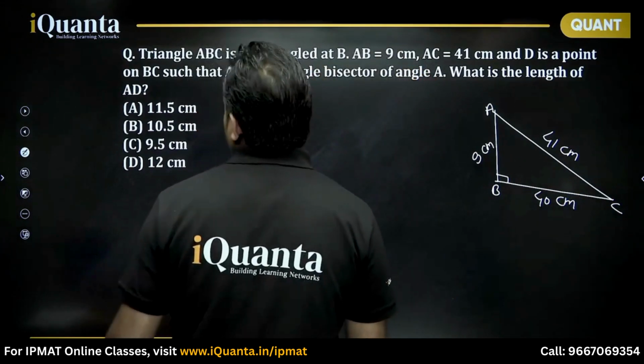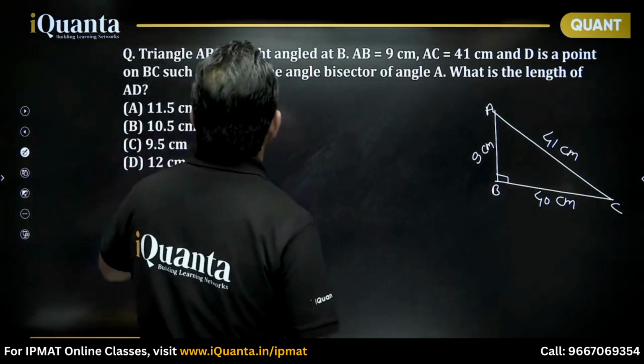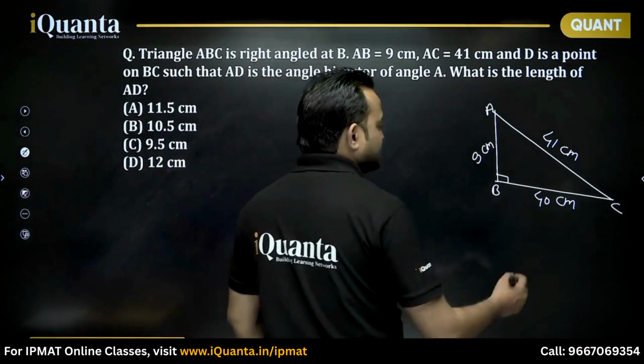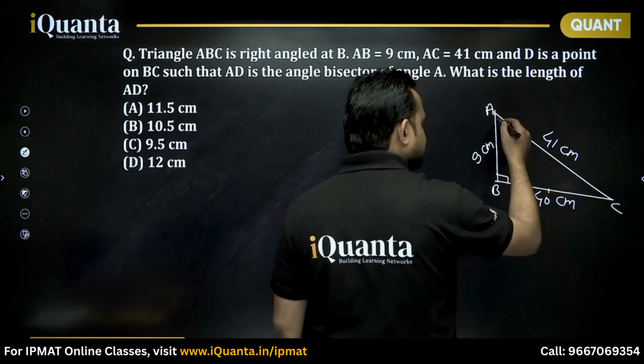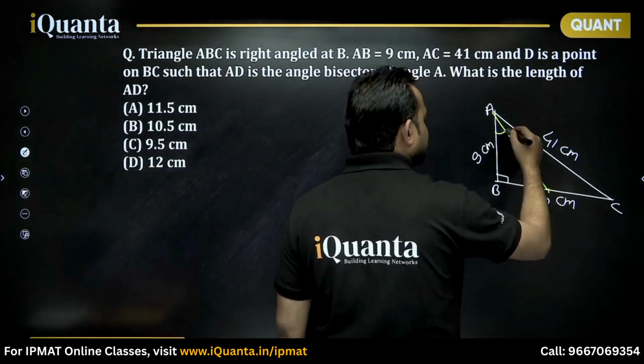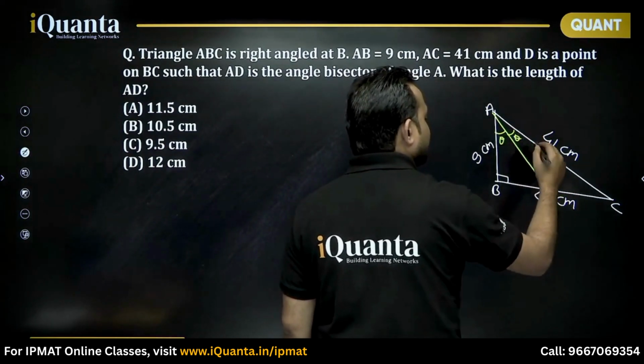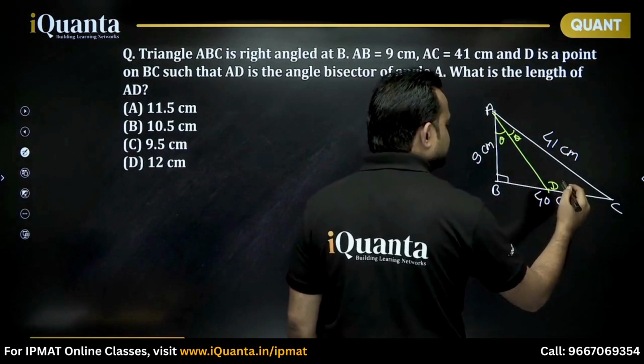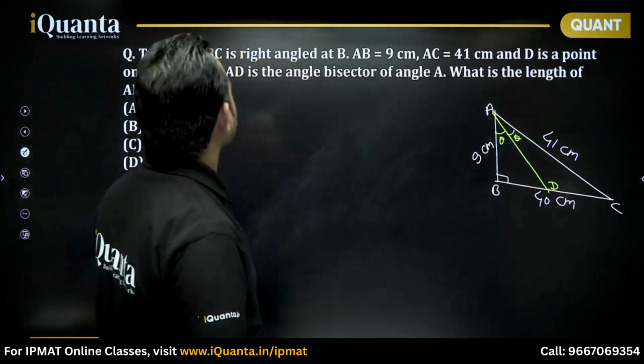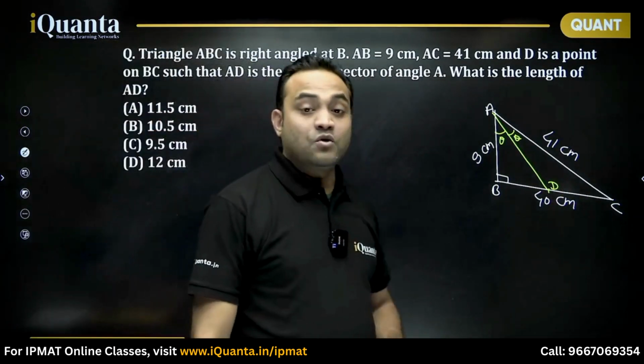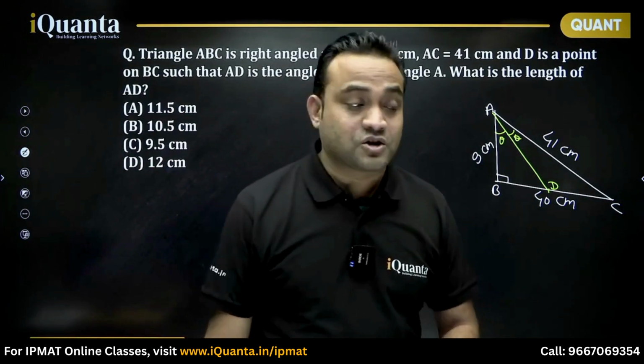D is a point on BC such that AD is the angle bisector, which means these two angles are equal. This point is D. We need to find the length of AD. So what do we know about the angle bisector theorem?